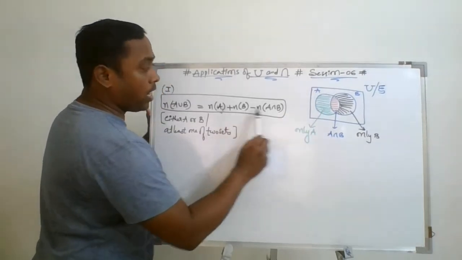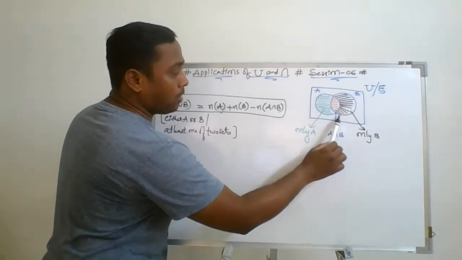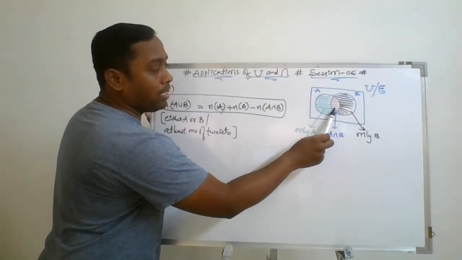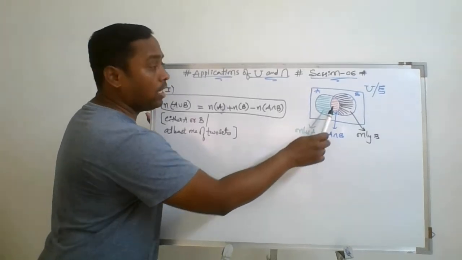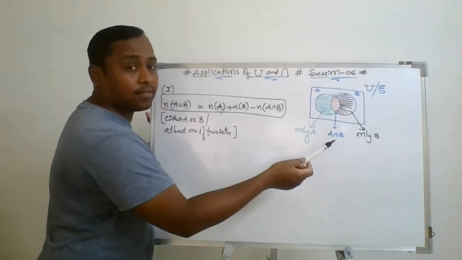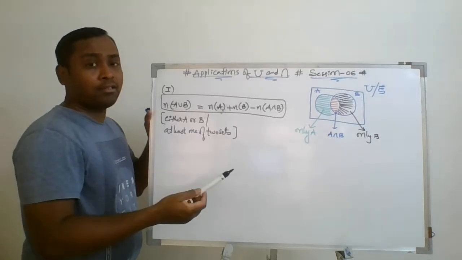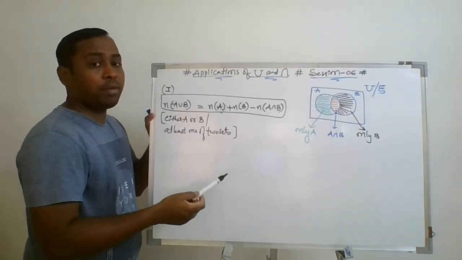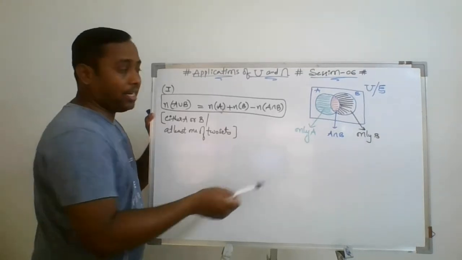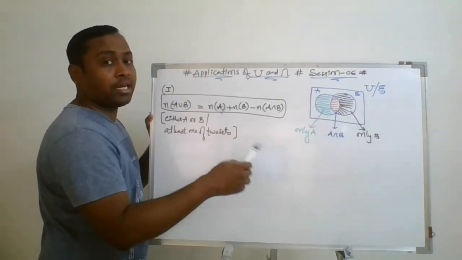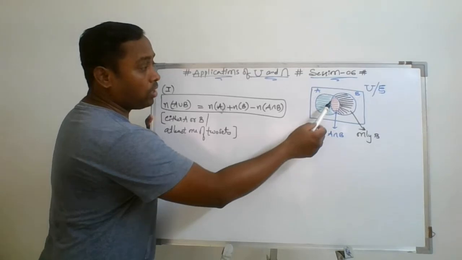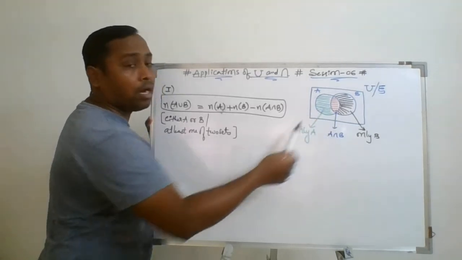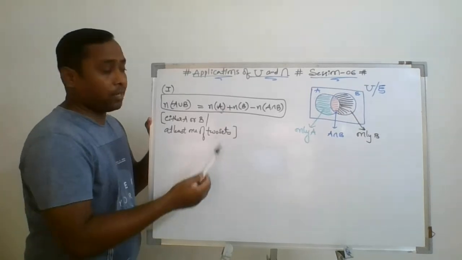Similarly, we add the number of B, which means the complete B circle. Hence, the middle portion, the common portion, is added twice. As set theory says, repetition of an element doesn't make any sense. Hence, we need to eliminate that repeated portion. तो यहाँ जो कॉमन एरिया दो बार रिपीट हुआ है उसको हमें एक बार वहां से रिमूव करना पड़ेगा.